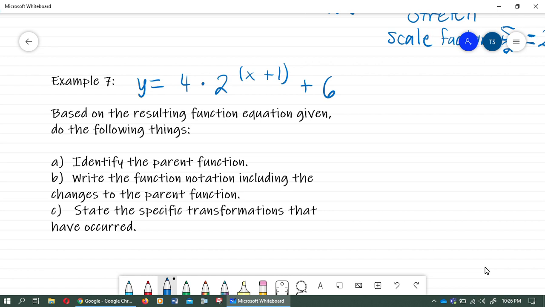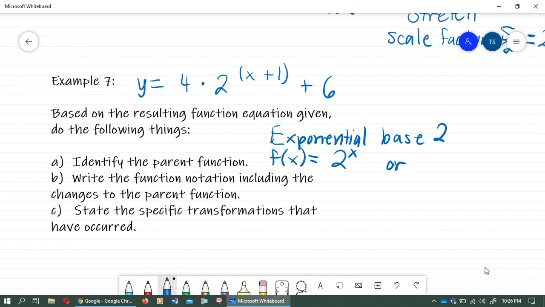All right, so guys, again, this parent function is an exponential that has a base of 2. Exponential parent function with a base of 2. And again, that is f of x equals 2 raised to the power of x.